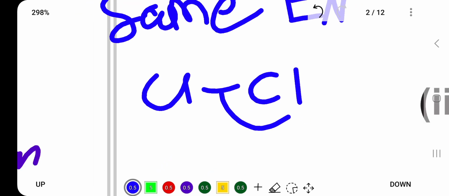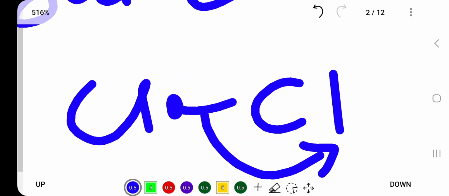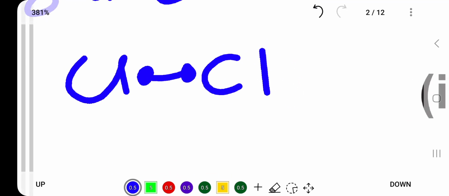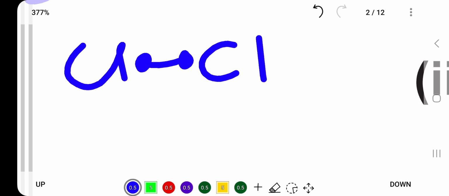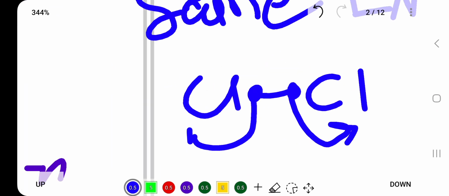So, since they both have the same power, the Cl will be like, I want one electron. Let me change it a bit so you guys won't get confused. Since there is an electron pair, there's two electrons, right? So Cl will be like, hey, I want one. And the other Cl will be like, hey, I want one.